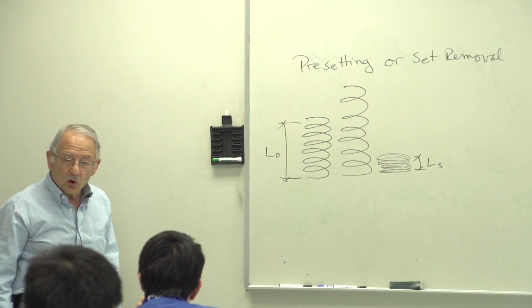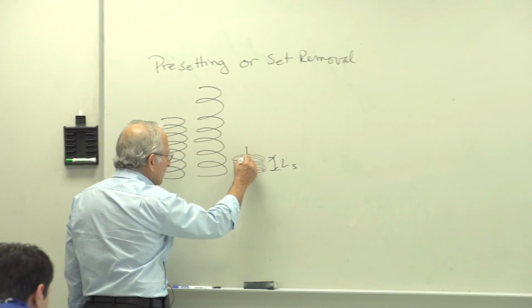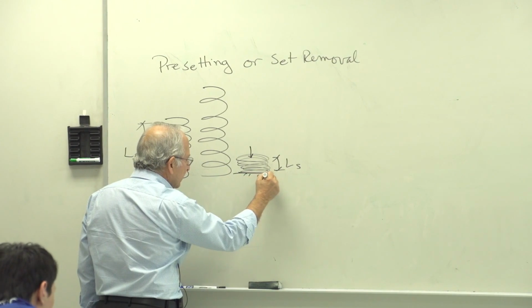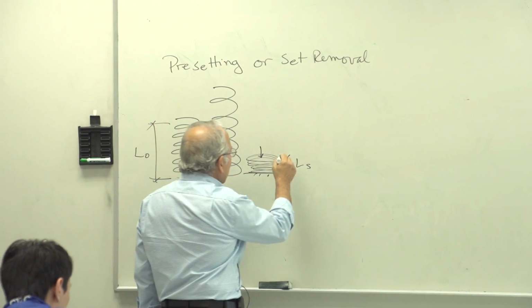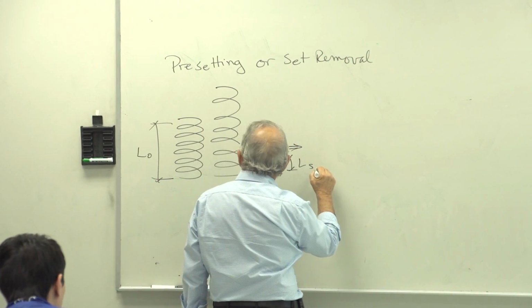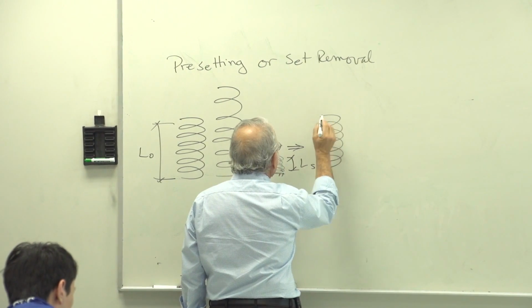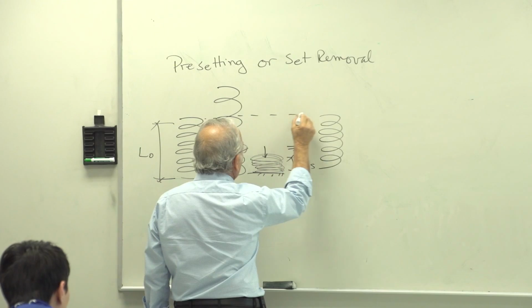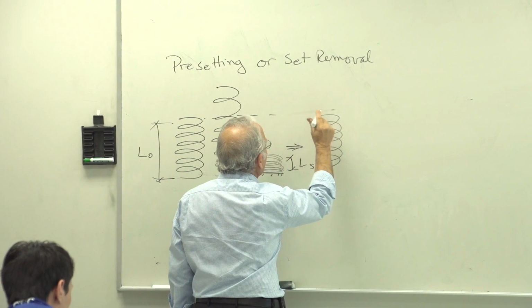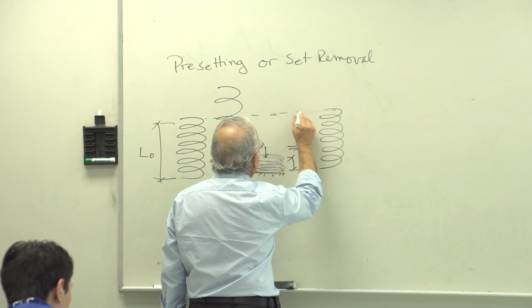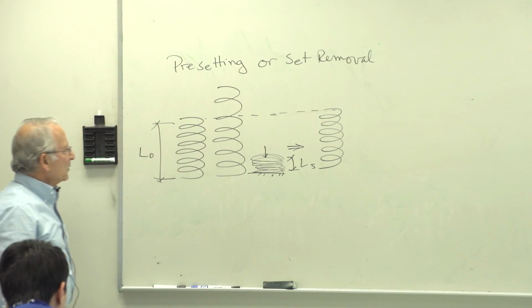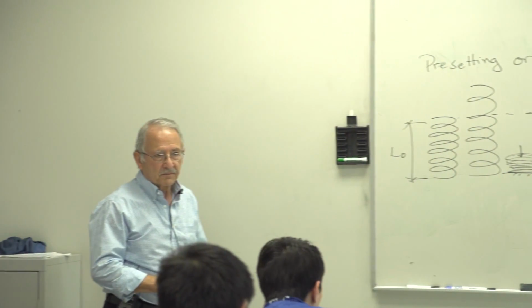Then we'll take the load off. Guess I better put a load here. And once we take the load off, if we have done everything correctly, the spring will have the desired length.